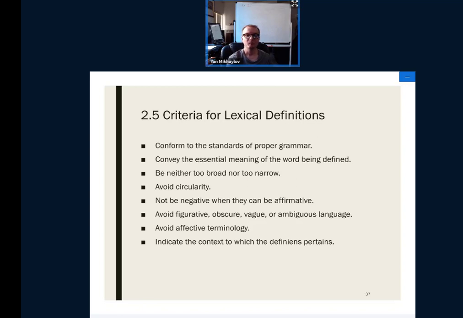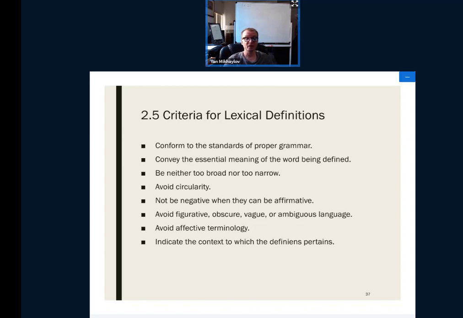2.5. Criteria for lexical definition. This is just, again, clarification of when you're creating lexical definitions, and in particular genus and difference, what criteria you should follow. It is kind of self-evident, but nonetheless we should go over it.